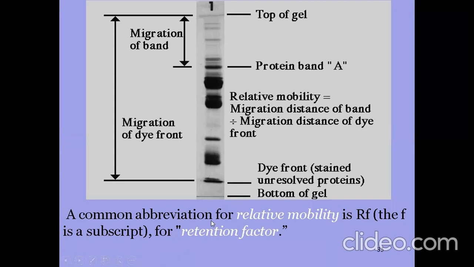That would give us the Rf. A common abbreviation of relative mobility is Rf. The f is in the subscript, and that stands for retention factor. So this is actually the retention factor if we compare both. Am I clear? So relative mobility is equal to the migration distance of the band divided by the migration distance of the dye, the loading dye, or the dye front.